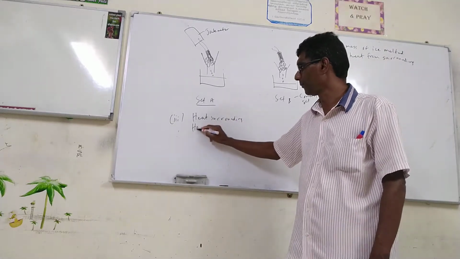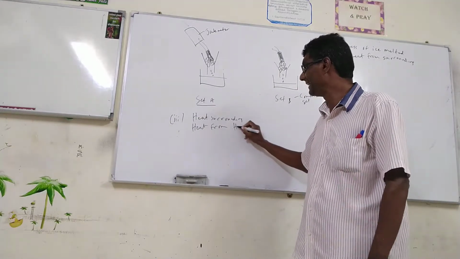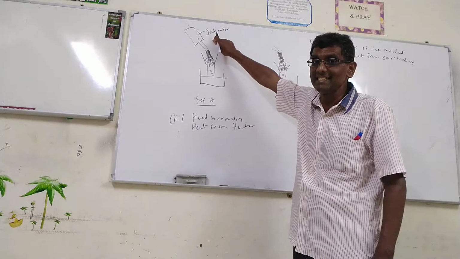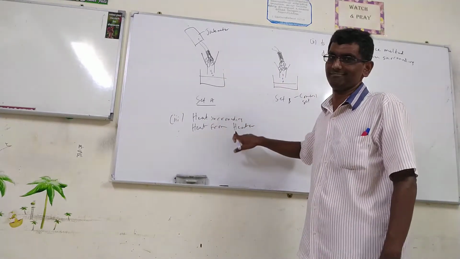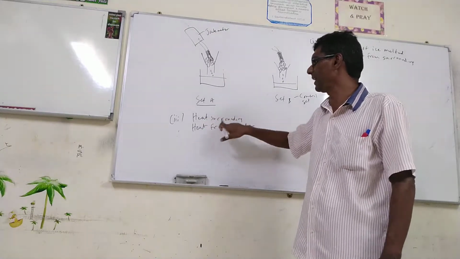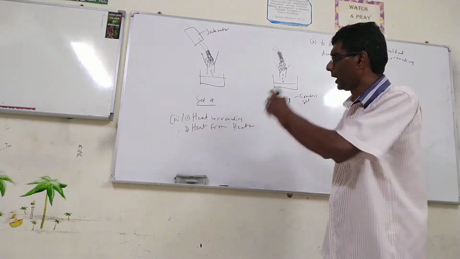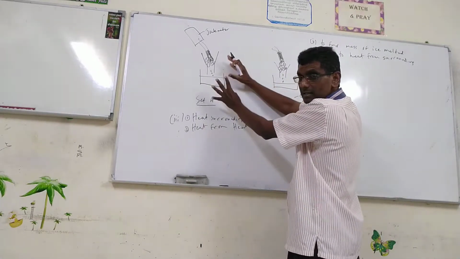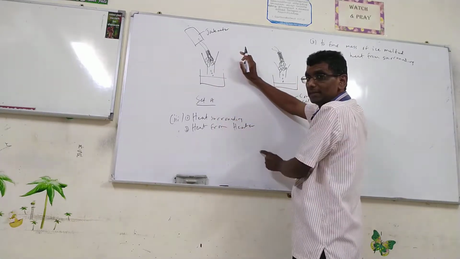Second one, heat from the heater, because the heater is connected to electricity. So, 2 sources: heat from the surrounding and heat from the heater. The ice melts in set A because of heat from the surrounding and heat from the heater.